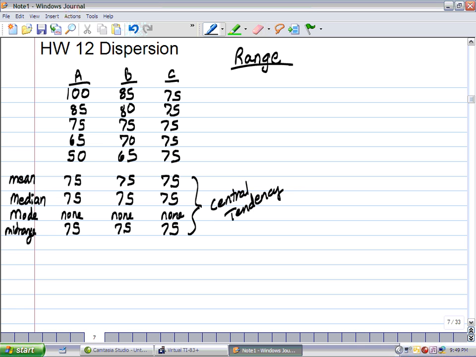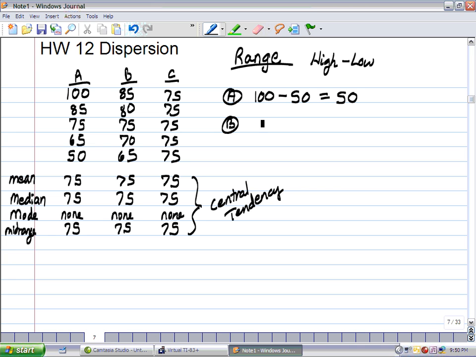The range is probably the easiest thing we do in this class. It's simply the high value minus the low value. So in the case of population A, 100 minus 50 is 50.